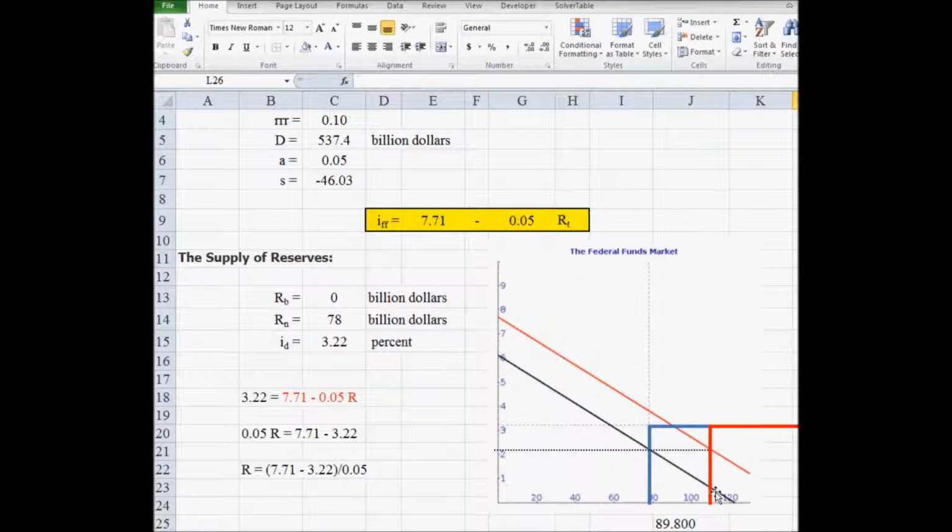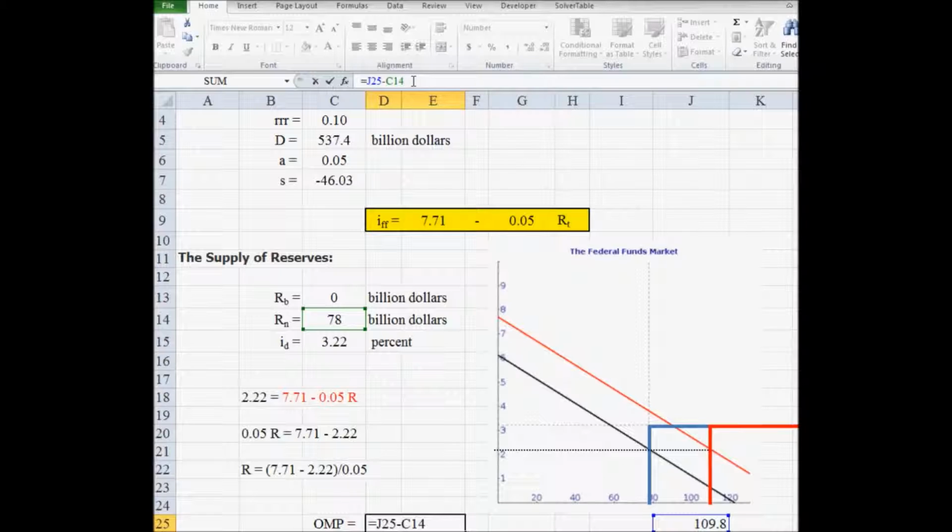To calculate this quantity of reserves, we have to substitute the equilibrium federal funds rate into the new demand curve. So we have to change 3.22 to 2.22 here, here, and here. So the new equilibrium quantity of reserves is 109.8.